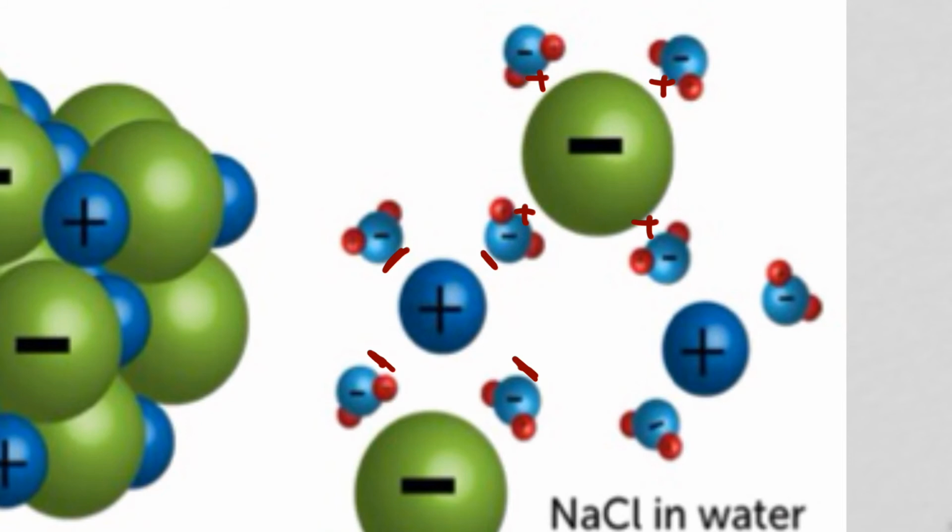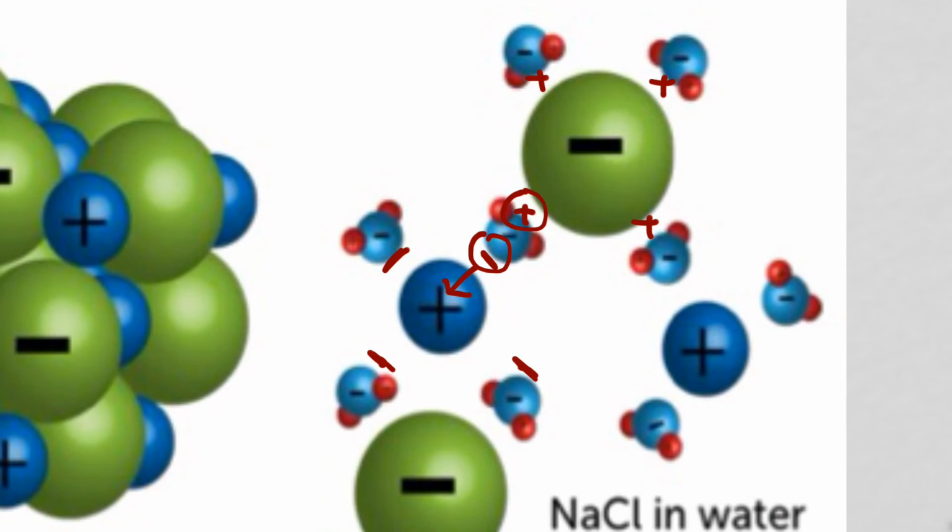What that does is help hold the positive and the negative apart, because this positive side is attracted to this negative and this negative is attracted to this positive, so that locks in a buffer between the two so they can't rejoin.